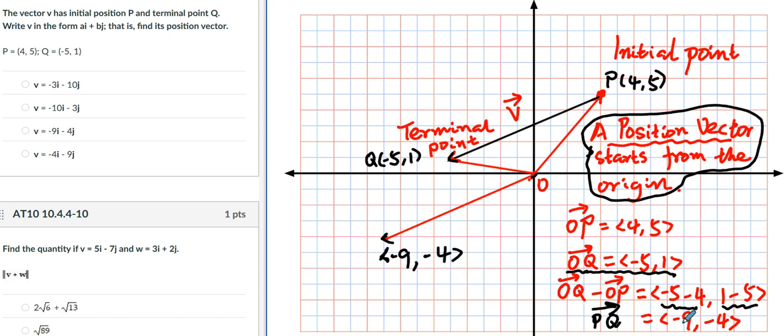We shall have (-9, -4). That will be this one.